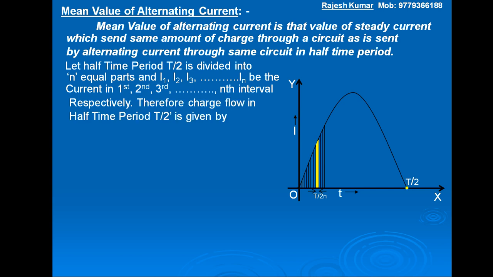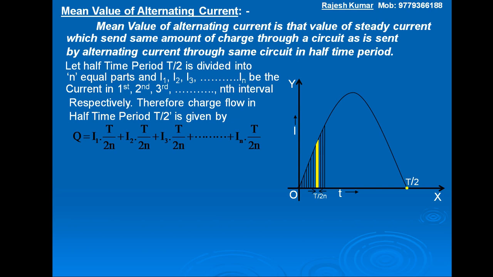Therefore, charge flow in half time period T by 2 is given by Q is equal to I1 into T upon 2n, this is charge flown in first interval, plus I2 into T upon 2n, this is amount of charge flow in second time interval, plus I3 into T by 2n, this is amount of charge flow in third time interval, and so on up to In into T upon 2n, the amount of charge flow in nth time interval.